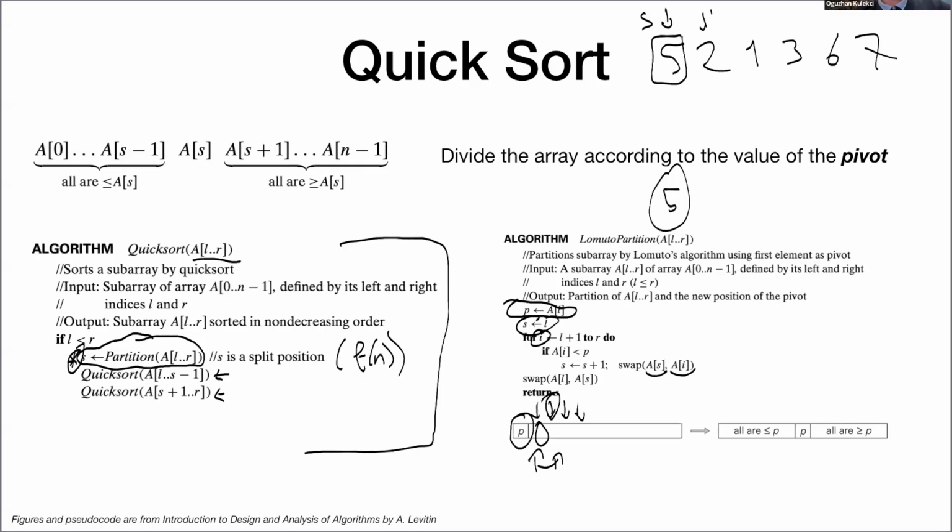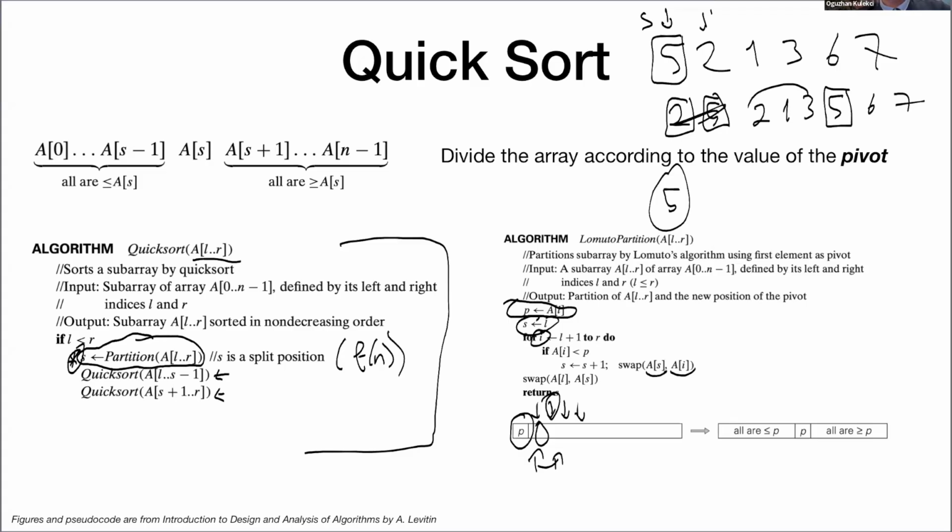So A[I] is 2 and A[S] is 5. A[I] is less than A[S], so what will happen? 2 will be moved here and 5 will be here. Then you will be doing the same thing again and again. So at the end, what will happen? 2, 1, 3, 5, 6, 7 will appear, okay?